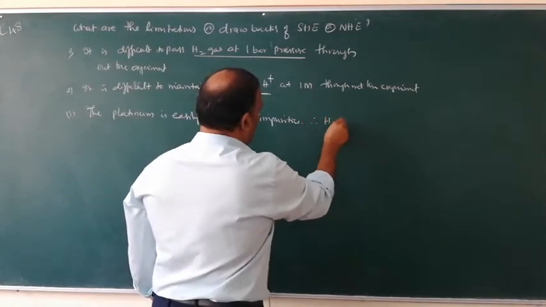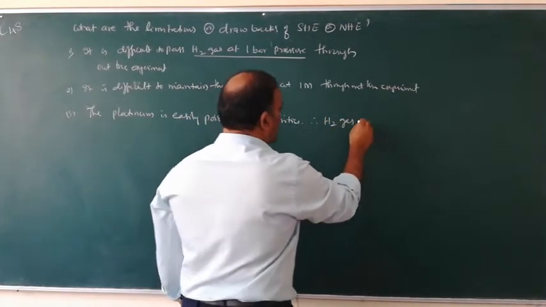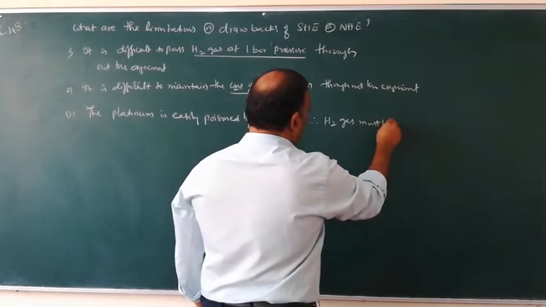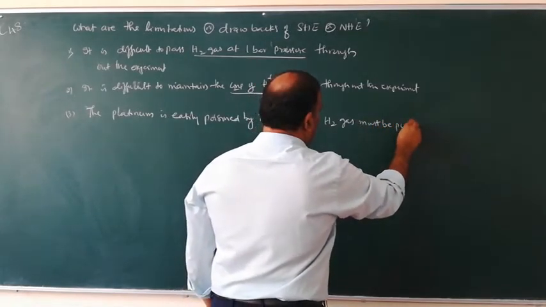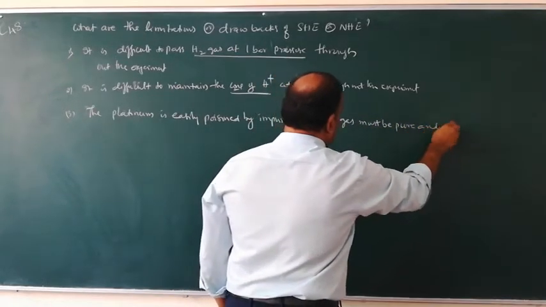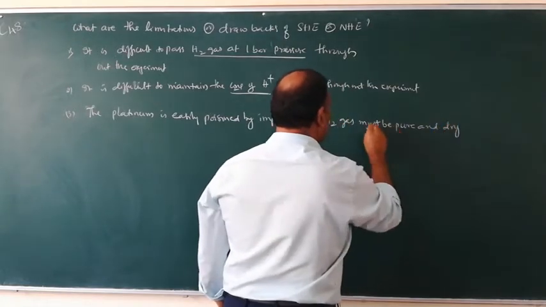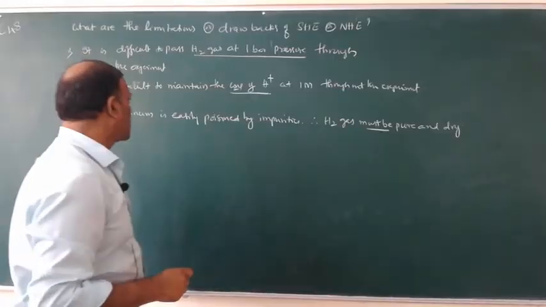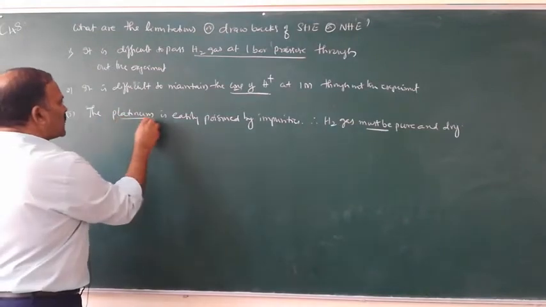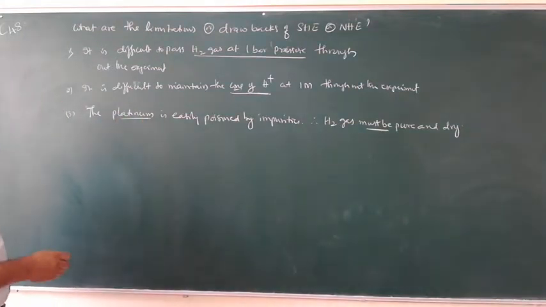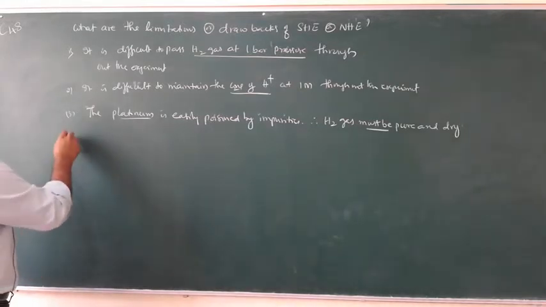Therefore, hydrogen gas must be pure and dry. So this is the third drawback. If the platinum is poisoned or gets deposited by other poisonous gases, we will get irrelevant results. Therefore, this is also another problem.